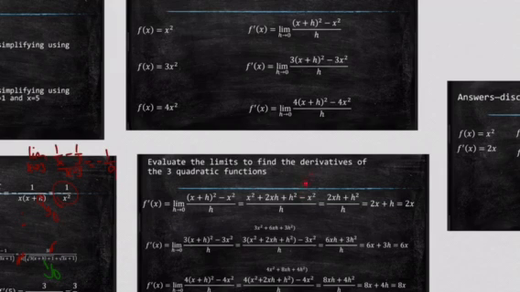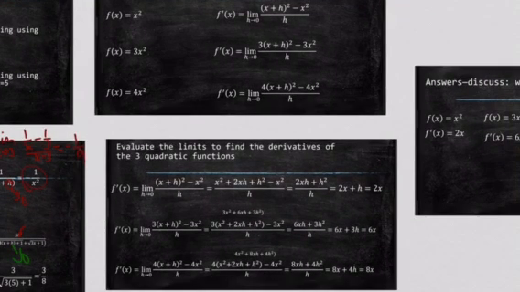Okay, we subtract x squared, because that's f of x, and so then x squared minus x squared is just 0, so we're left with 2xh plus h squared over h, but we can now factor out an h, so we get h times 2x plus h, but then we have an h on top and an h on bottom, so those h's cancel, and we're just left with 2x plus h. Where does h go? h goes away because h is approaching 0, so we're just left with 2x.